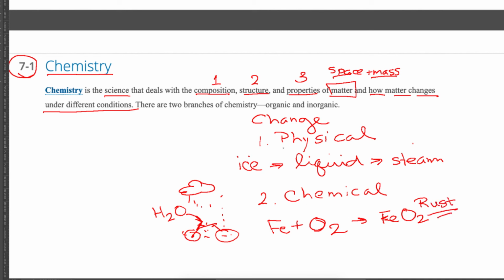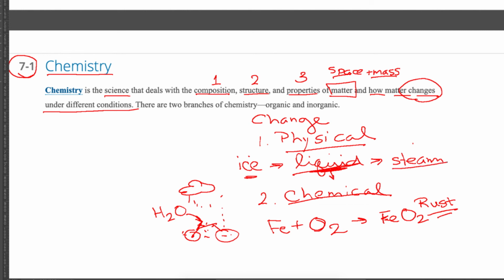So we do talk about physical change, and we talk about chemical change, and that's the concept of change under different conditions. In other words, if it's freezing, there's ice. If it's kind of normal room temperature, as in California, then we have liquid.